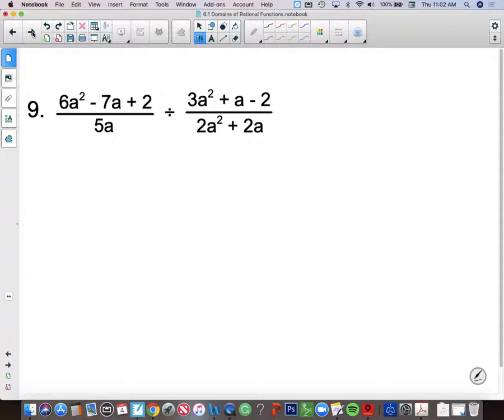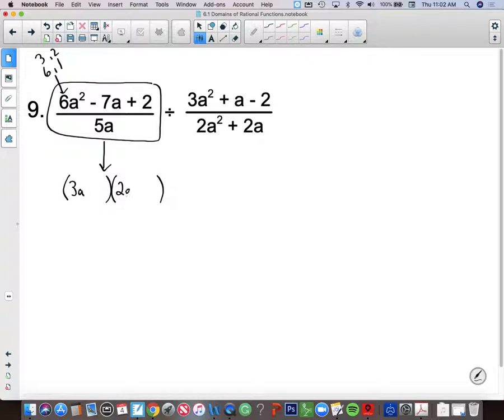All right, so looking at this one on the left, factor the stuff on the top. We've got an a squared and an a on the top, so we're going to be able to factor that probably. Six's factors or possibilities are 6 and 1 and 3 and 2. Let's try the 3 and 2 here. So 3a and 2a.